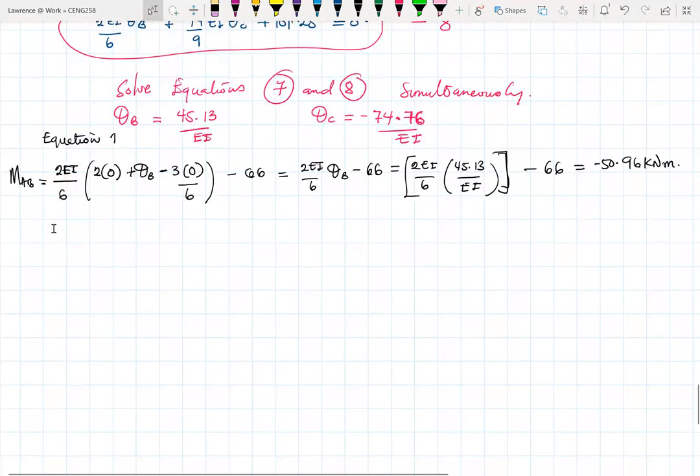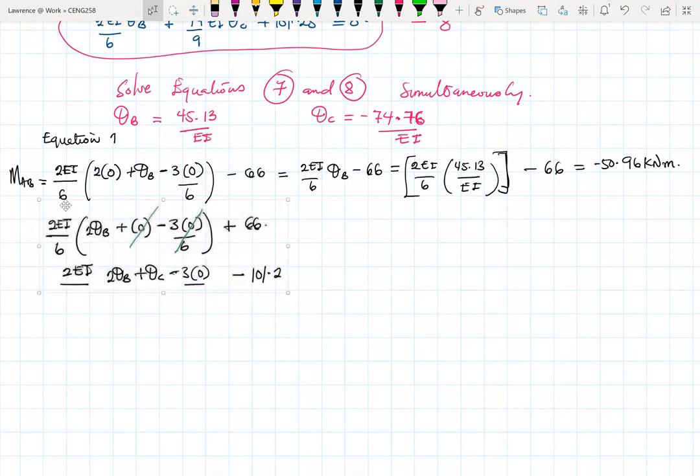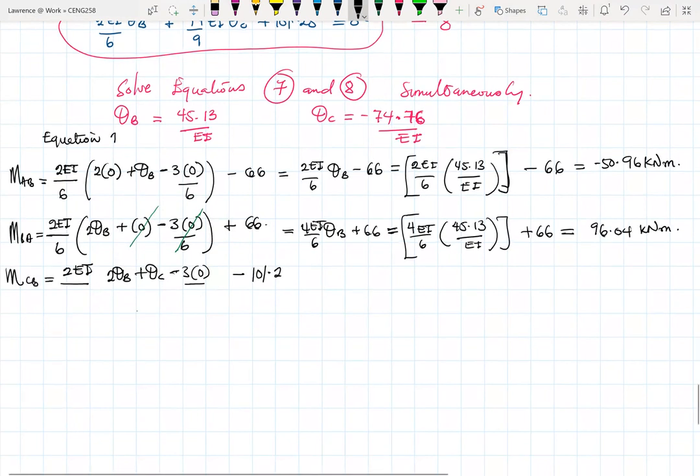So we'll have MBA, 6 EI, 66, and that should give me what do I have? Again, check my answers for me. I'm pretty sure I made a mistake somewhere. So 96 point something. Then our MCB will end up being the same as MBA, though.